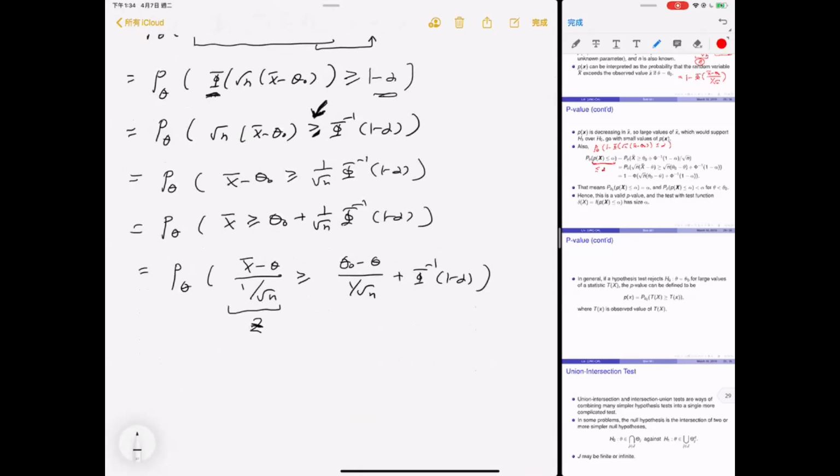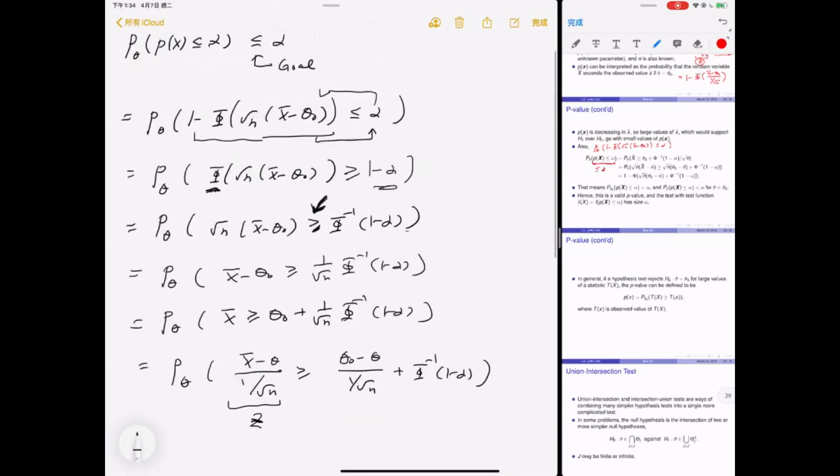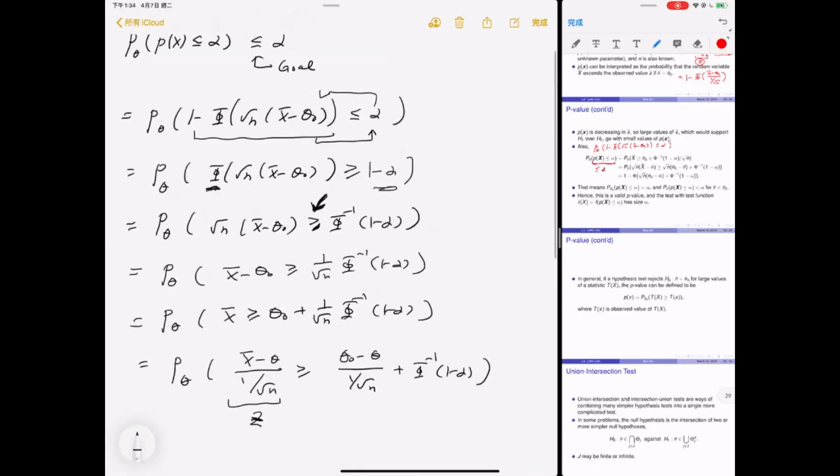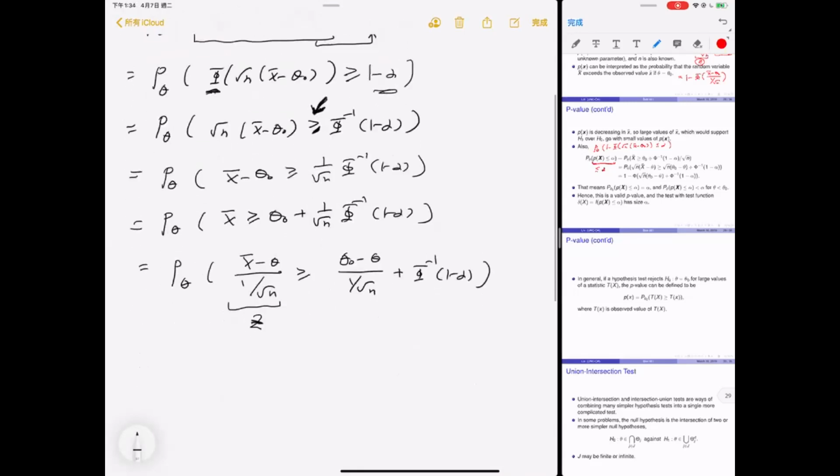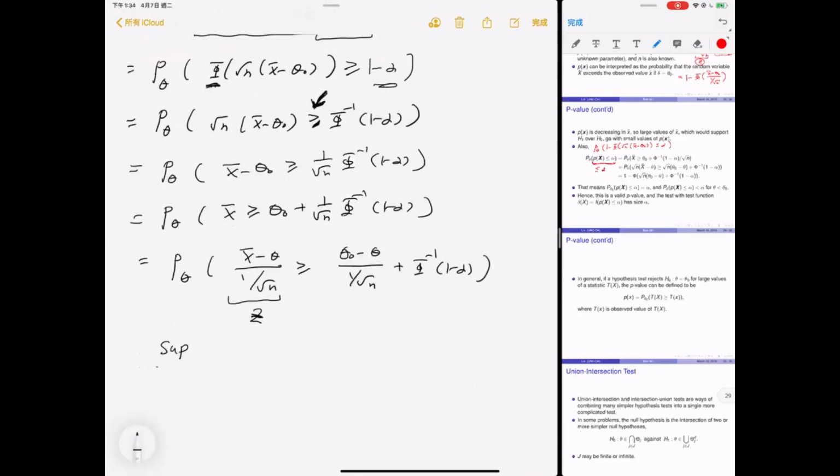Then what we look at, again, by definition the p-value is the supremum under your null space of your probability of the p-value being smaller than alpha. Right? Good.